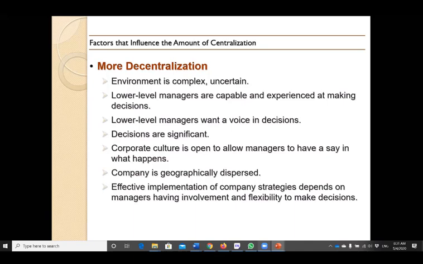So they need to empower down to the managers in each of the regional locations. Okay, so you can refer to this when you want to make decisions about the level of centralization or decentralization in your organization in the future, right?